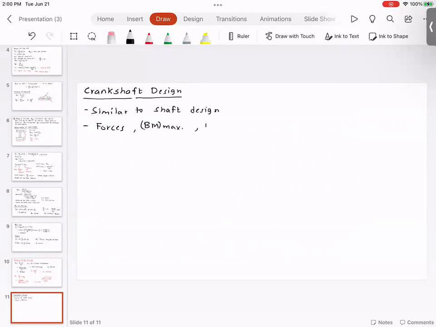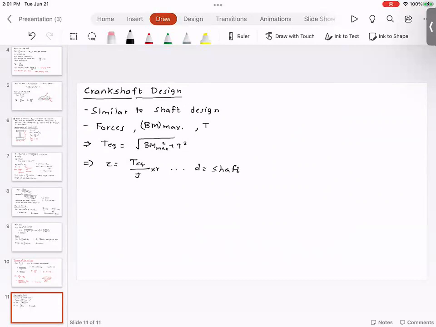You have to find out the torque. You have to find out the equivalent torque. And then finally, tau. And then you get the diameter of the shaft.